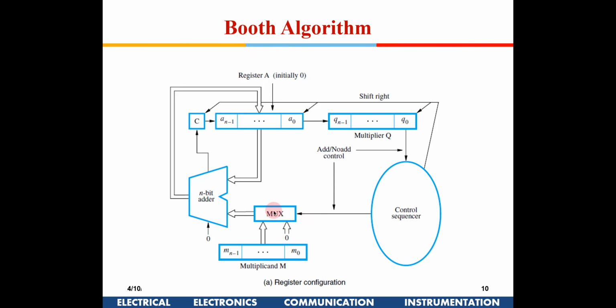This multiplexer can push two data into the adder: one is 0, or the other is the multiplicand, right? Initially this is 0. So if the first bit is 0 here, it is going to put another 0 out here, right? Then during the first positive going edge of the clock, this data will be loaded into the shift register, right?